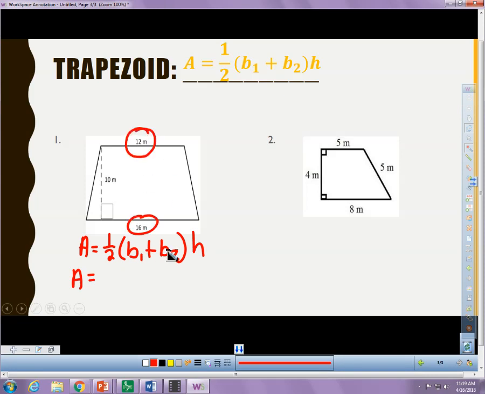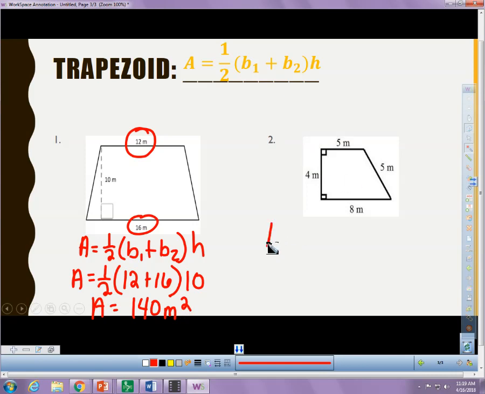So 12 and 16 are my bases. So 1/2 parentheses 12 plus 16 close parentheses. The height forms the right angle, so times 10. And that gives us 140 meters squared.